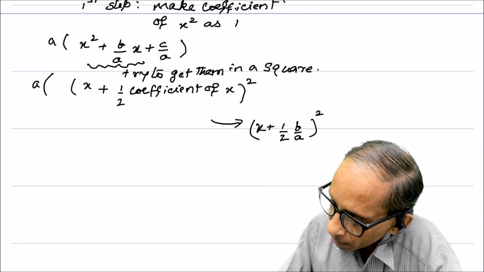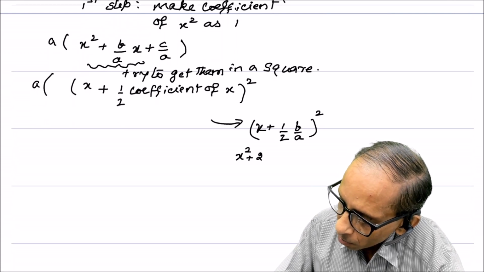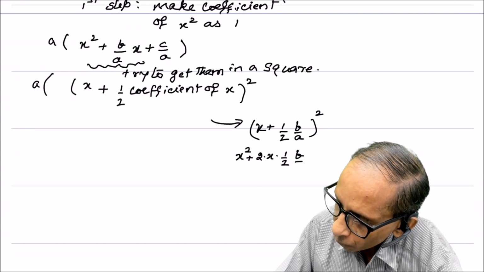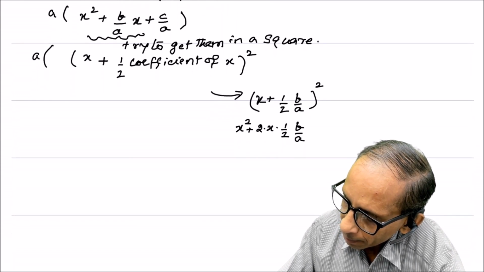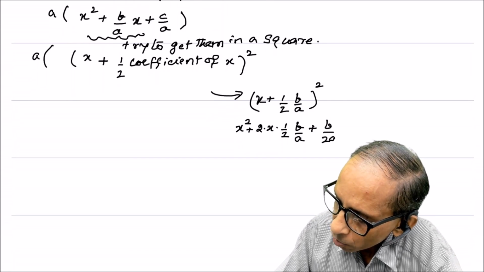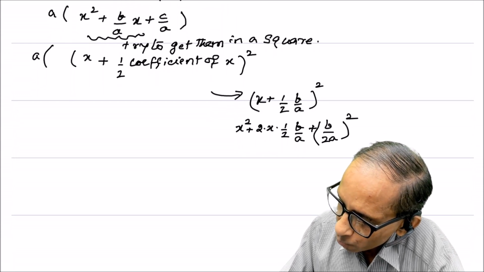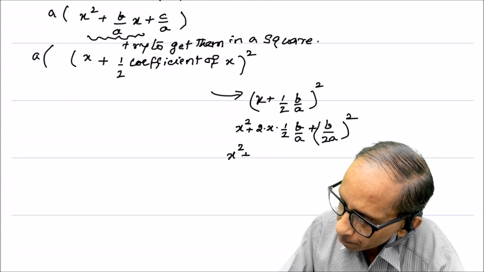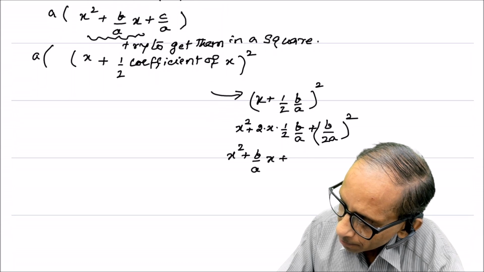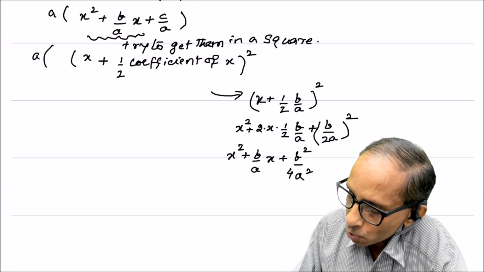And what does this become? x square plus 2 times x into half of b by a plus b by 2a, the whole square, which is actually x square plus b by a times x plus b square by 4a square.